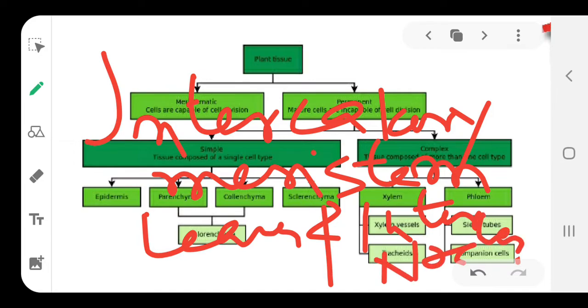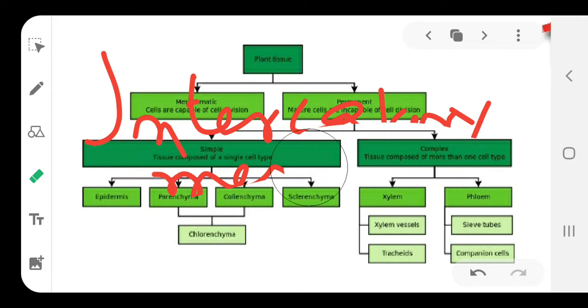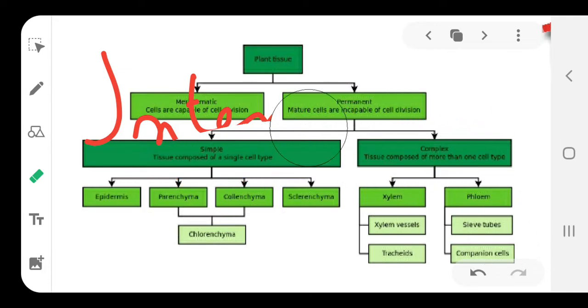Write it down properly. They are found at the base of the leaves and internodes, and this tissue increases the length of the branches.